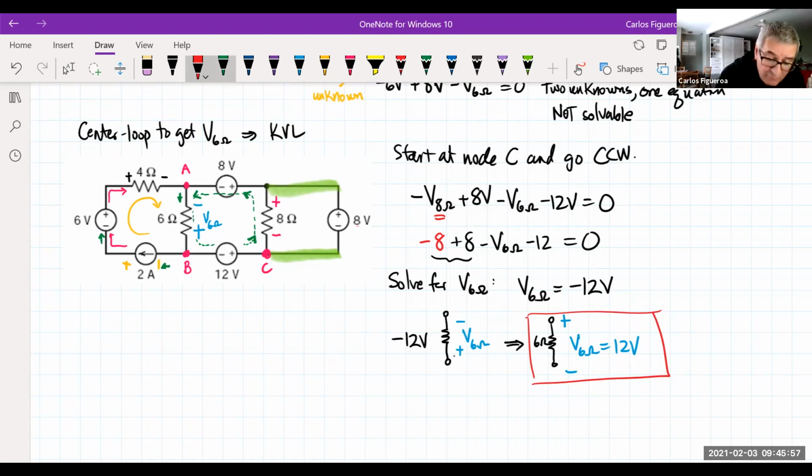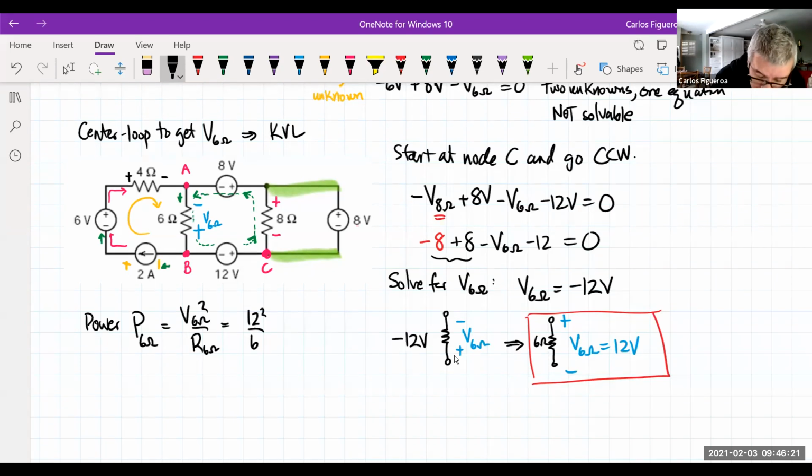So now, if I go calculate the power of the 6 ohm, well, I got the voltage, I don't got the current, so then it's the voltage of this guy squared divided by this guy. So then this guy's going to be what? It's going to be 12 squared divided by 6, which then gives me positive 24 watts for the power of the 6 ohm.